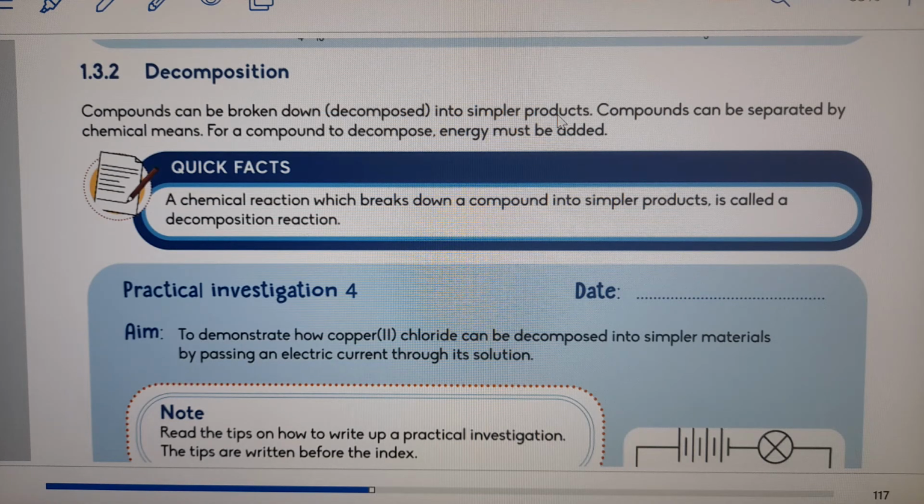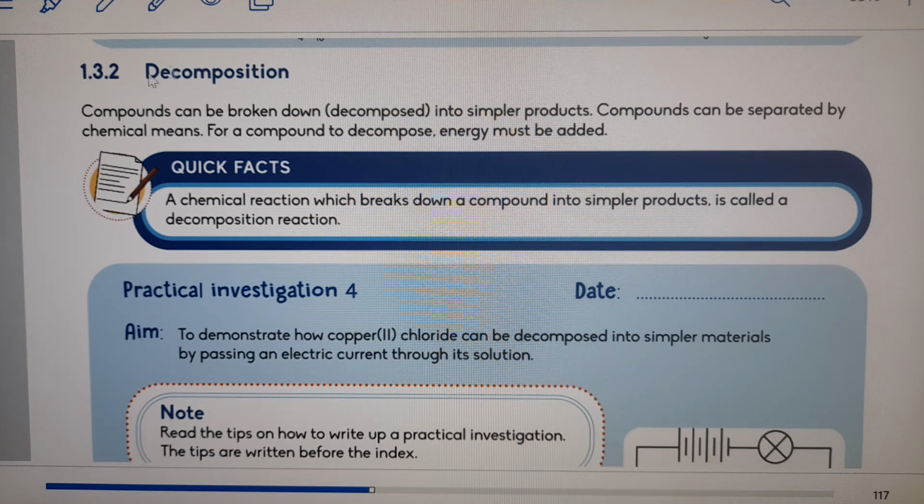And we know by now that electrolysis is when we add electric current in a solution to break down the compound. Compounds can be separated by chemical means. For a compound to decompose, energy must be added.